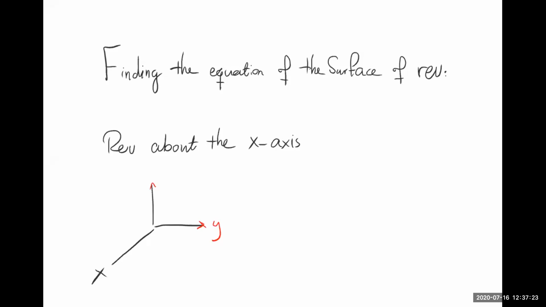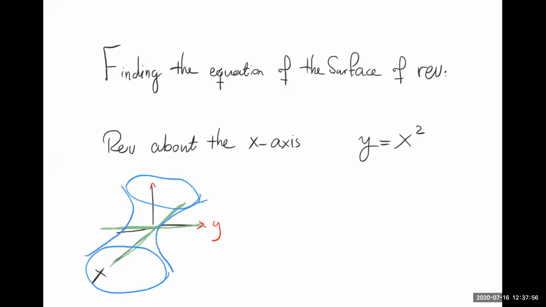So let's say y equals x squared. So this is the plane y and x. One of them is y, the other one is x. y equals x squared is something like this. If we revolve it around the x-axis, it would become something like this.